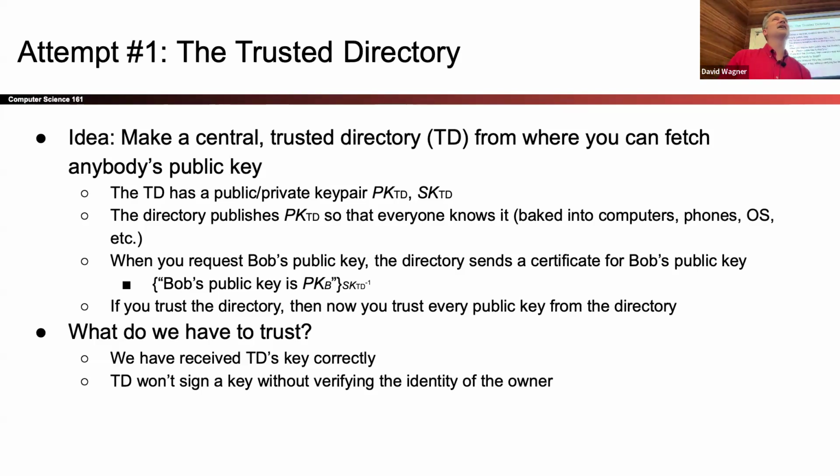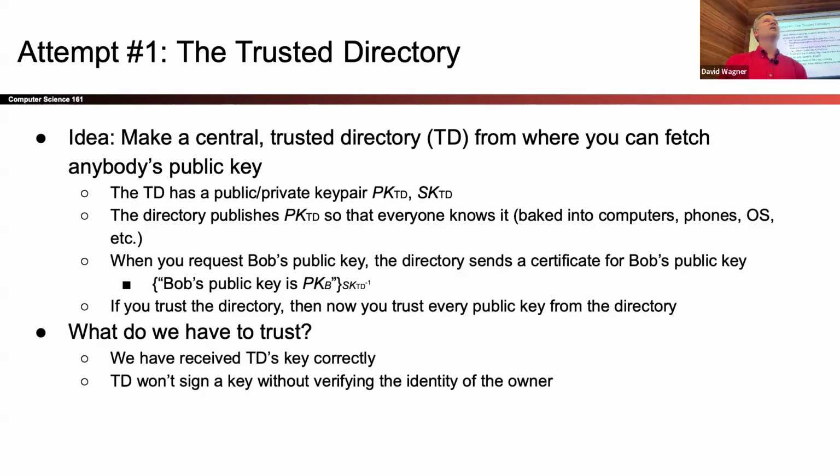And I don't actually have to ask them. It could be that when you registered your public key with this trusted directory, they generated a certificate proactively and gave you that certificate, that bit string, and now you can give it to me if I want to communicate with you. So I don't need to ask the trusted directory; I get the certificate from you.